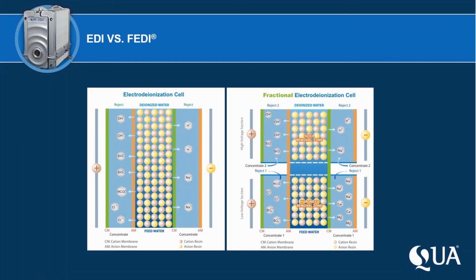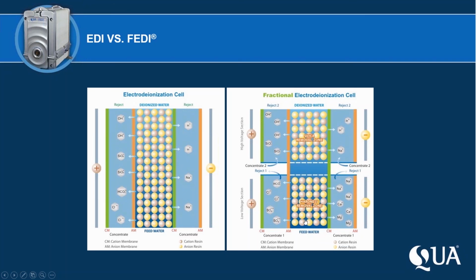So as I mentioned earlier, the beauty of the Fedi is we control both zones. Right now we'll just talk about the stack as a single flow, but we can do some pretty cool things with this as well. We control the flow in it, but I'll get to that in a few minutes. So in this case, we control the hardness, and we can remove the constituents, any of the foulants.